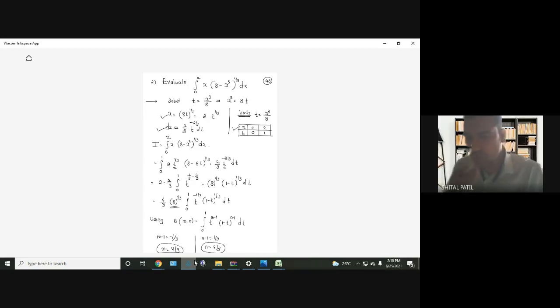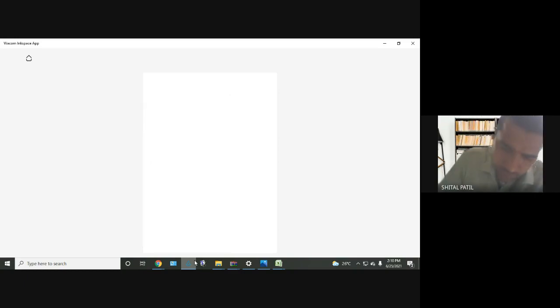Okay. So like this, let me change the page. So the integral I equal to 4 by 3 as it is into 8 raised to 1 upon 3, that is 2, and beta of 2 by 3 comma 4 by 3.